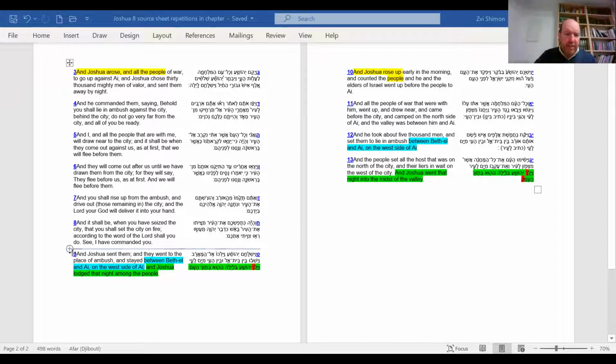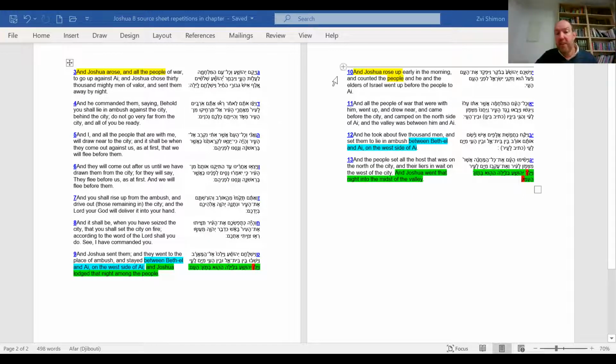And later on, the actual sending of the ambush, and they're going between Bethel and the Ai, the west side of Ai. And in the description of Joshua lodging that night among the people. That's like the first wave, if you will, in the attack on the Ai.